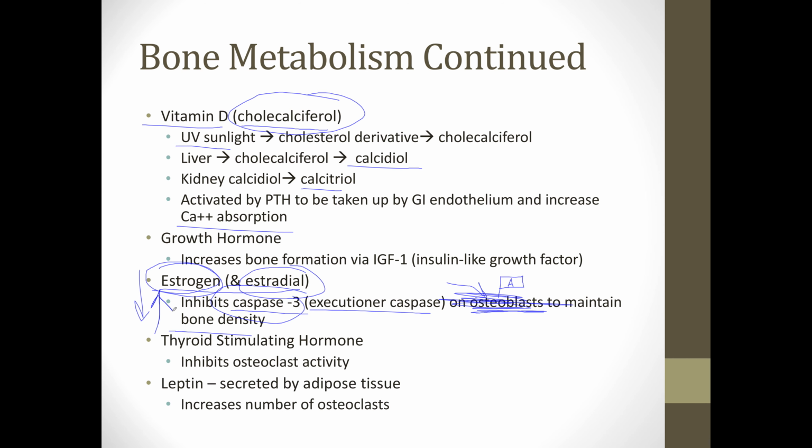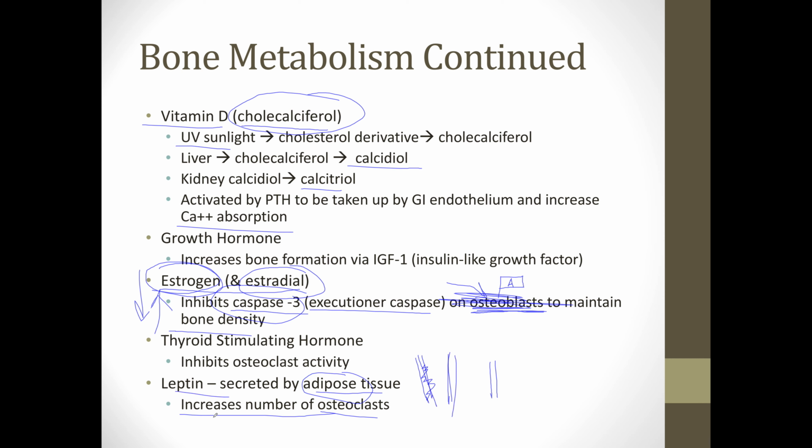And leptin is a hormone made by fatty tissue, adipose tissue, and it increases the number of osteoclasts. This is actually a fun thing in physiology. The more fat tissue you have, the thicker your bones have to be. So when people say there's no such thing as big boned, no, that's actually not true. When there is more adipose tissue, in order to support all of the weight that goes with adipose tissue, osteoclasts get stimulated to increase in their number, to help break down calcium from the bone, which will remodel the bone, making it stronger and thicker.